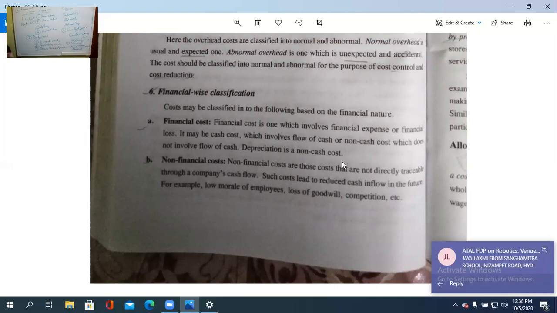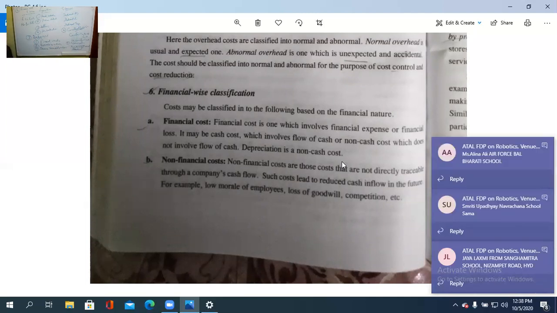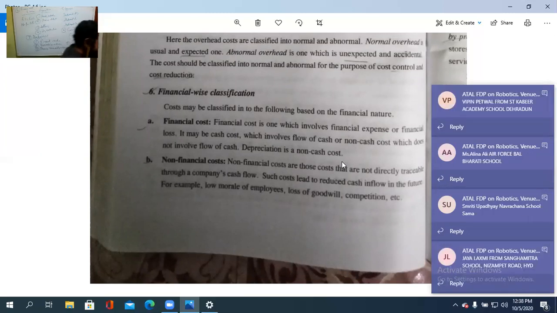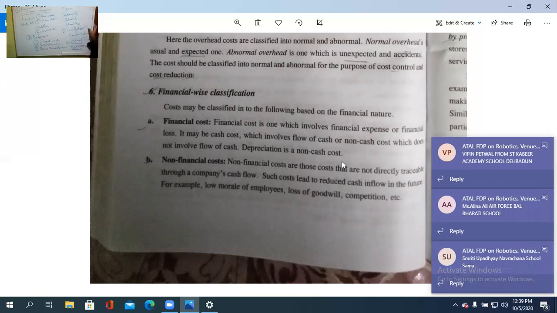It varies according to the level of output. And semi-variable overhead or expenses means what? Half of the portion is fixed and half of the portion is variable. That is semi-variable as per behavioral wise classification. Then controllability.